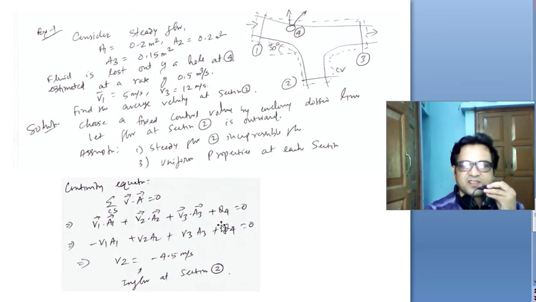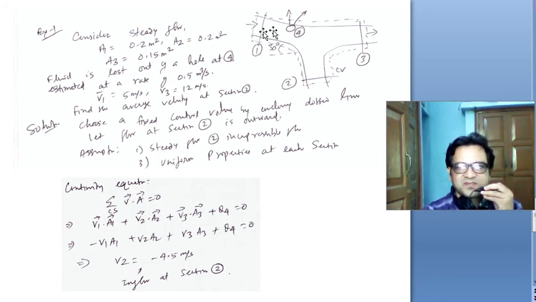So let's solve a small question. Consider a steady flow and there are three openings. It is a pipe branch. On the left side the flow enters, on the right side the flow leaves.